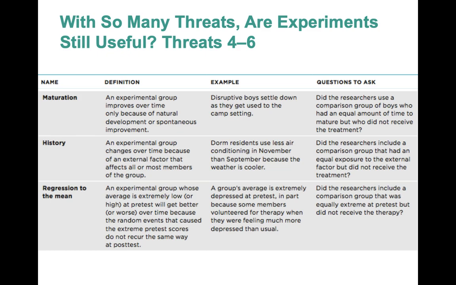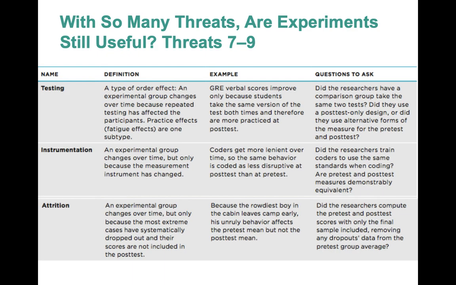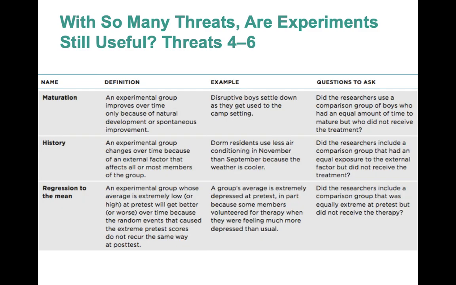And if I don't have a control group, could it be maturation, history, regression, testing, instrumentation, or attrition that is responsible for the results? I think kind of in our everyday lives, regression to the mean, which admittedly is a statistical concept, but I hope it's intuitive, it happens all the time. And often what we have is a confounding of the passage of time with some event.